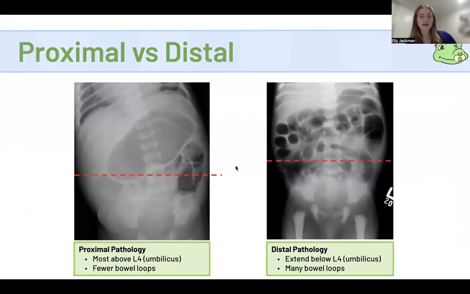We've got two examples of abdominal x-rays here, which are another thing to help us distinguish between proximal and distal pathology. Proximal pathology on an abdominal x-ray will have most bowel above L4, which is the level of the umbilicus, and fewer bowel loops as compared to distal pathology, which will extend below L4 and have several bowel loops.